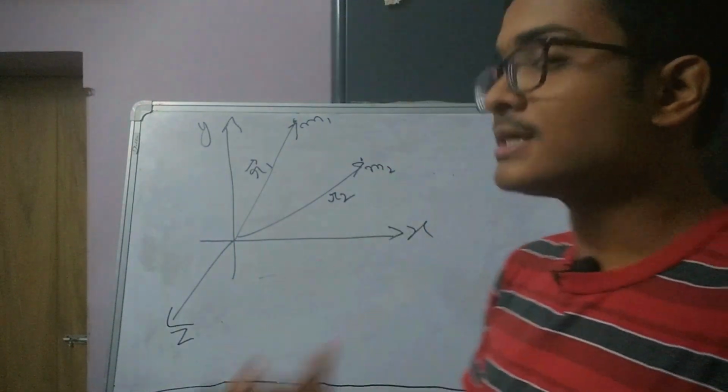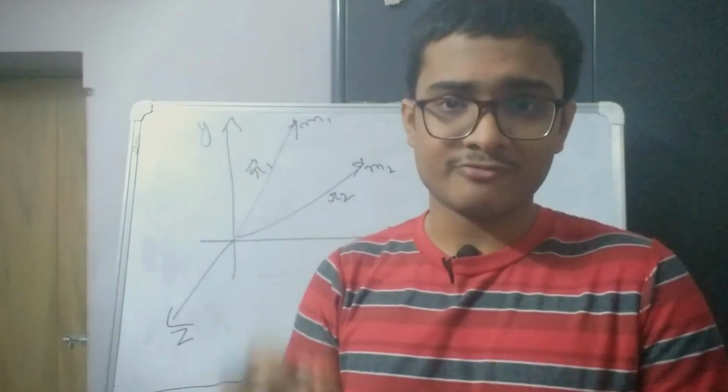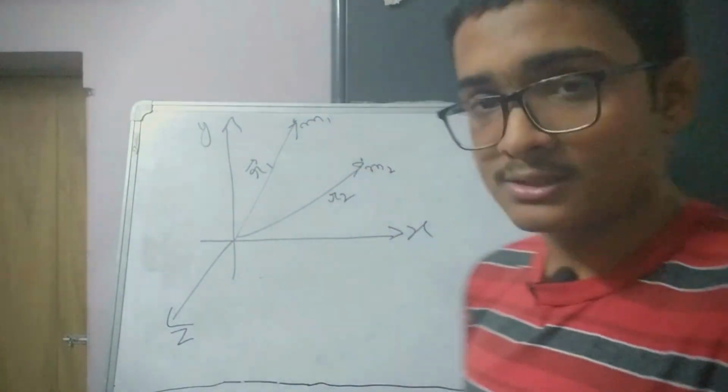Now, where will the center of mass lie? Center of mass is the mathematical definition. It is the weighted average of all the masses of these particles.